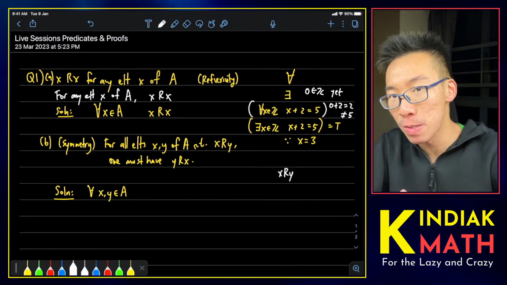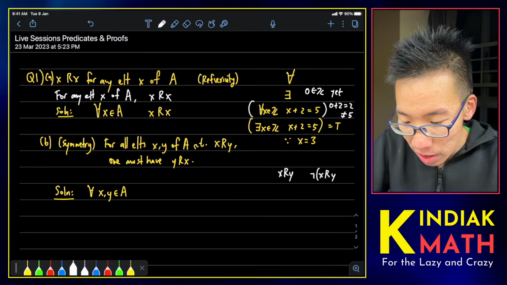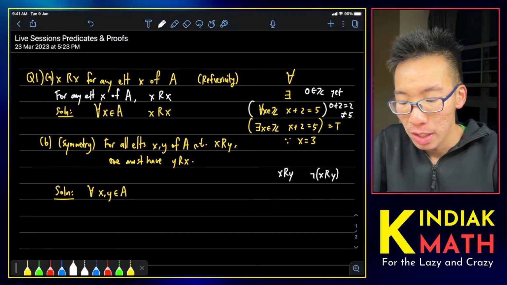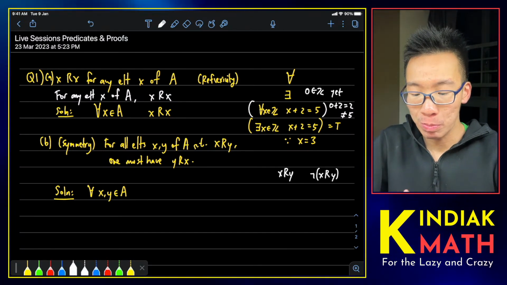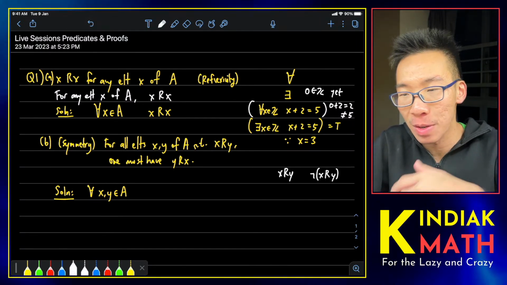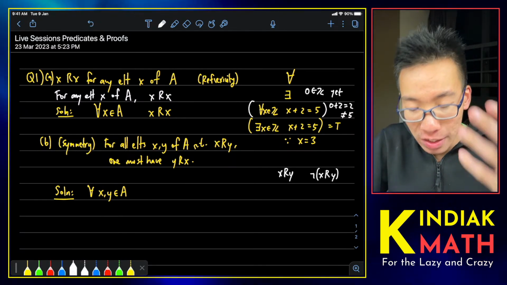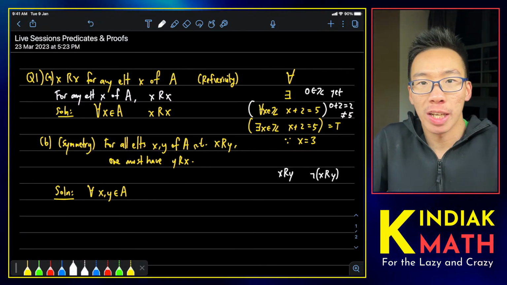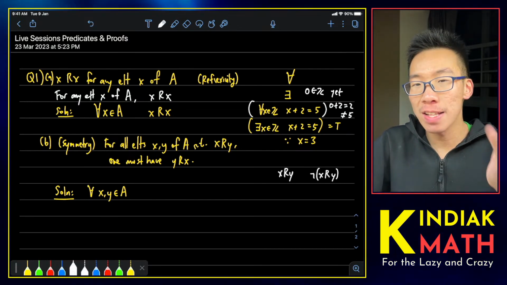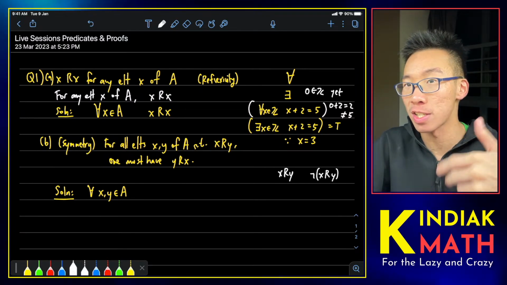But could it be entirely possible that x is not related to y? Whatever this means, it's entirely possible. But do we care about that? Over here we are only concerned about the elements x and y that satisfy this property. If they don't satisfy this property, we don't care. Anything can happen.